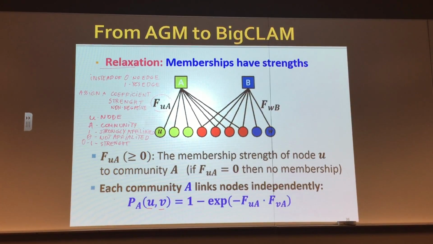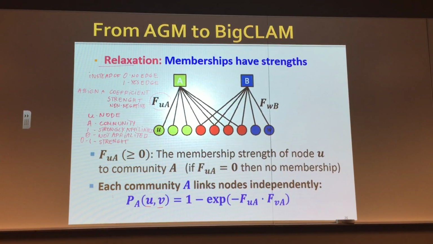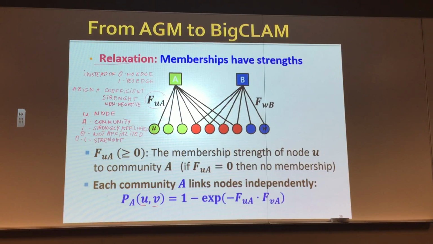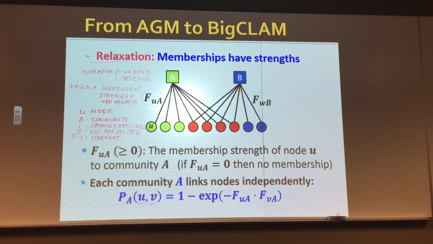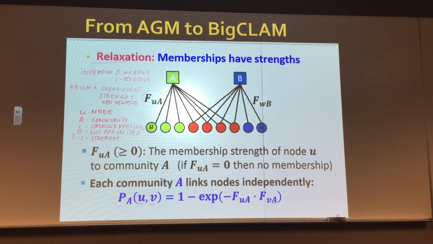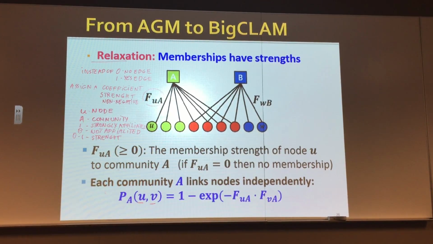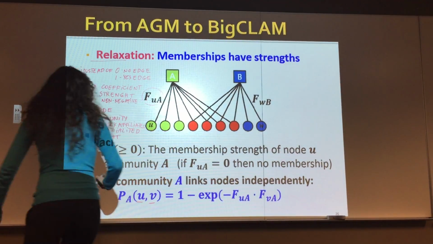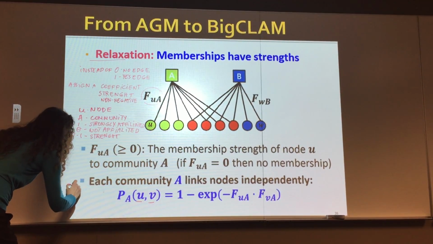So this is 1 minus the exponent E raised to the power of the product of membership strengths of the two nodes. So this is the probability that the two nodes are linked.